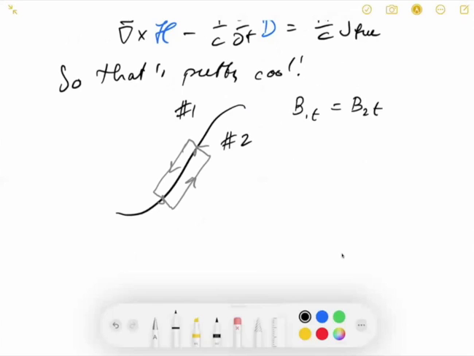And the appropriate boundary condition for the H field is, and that one comes from a Gaussian type formulation. No, it's cross, sorry.